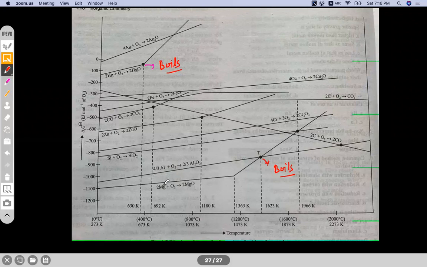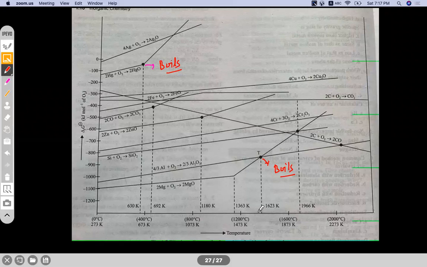Magnesium can reduce aluminium till the temperature is around 1623 Kelvin, roughly. Beyond this temperature, you see the magnesium line is up and aluminium is below it. So reduction of aluminium is done by magnesium when the temperature is below 1623 Kelvin.